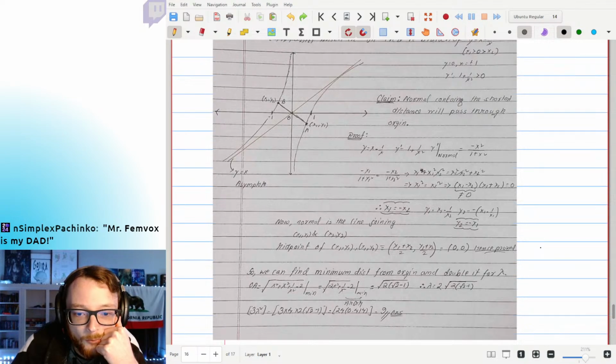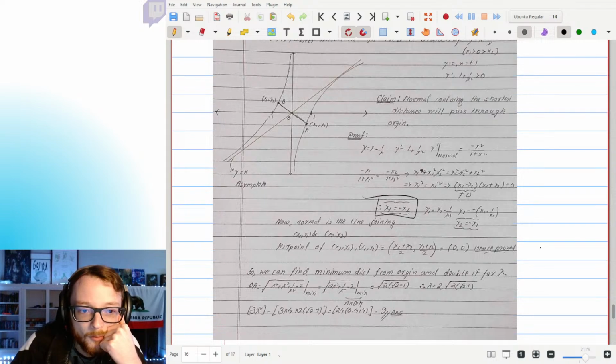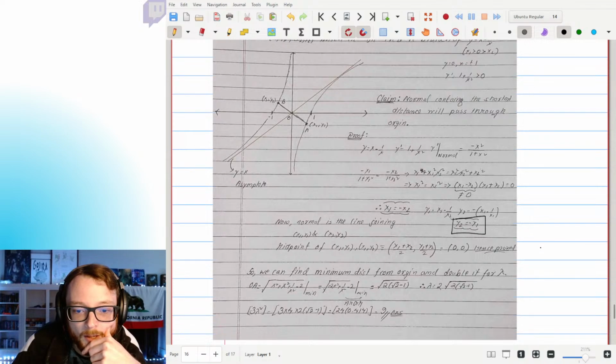You find that x1 squared is equal to x2 squared, which implies either x1 minus x2 equals 0, but that's not possible by the constraints of the problem, or x1 is negative x2. And that apparently implies y2 is minus y1.